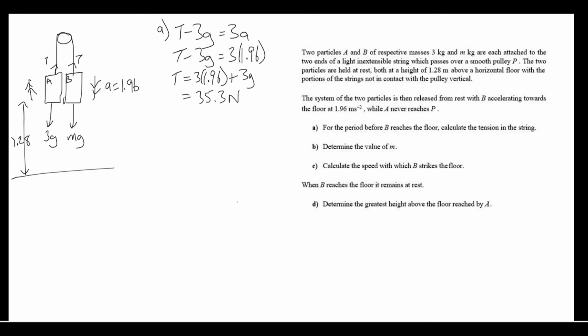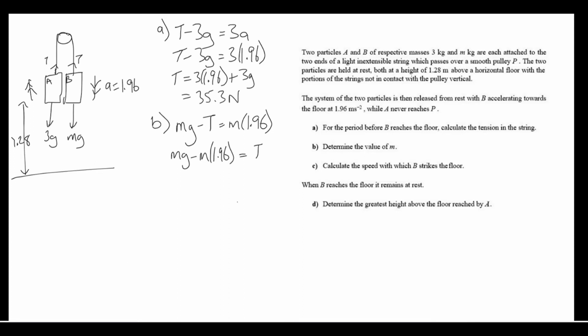In part B of the question, we're asked to determine the value of m. Now that we have the tension, let's find a motion equation for B, and then we should be able to solve for m. The resultant force on B is going to be mg minus T, and that's going to equal mass times acceleration. Once again we can do some rearranging.